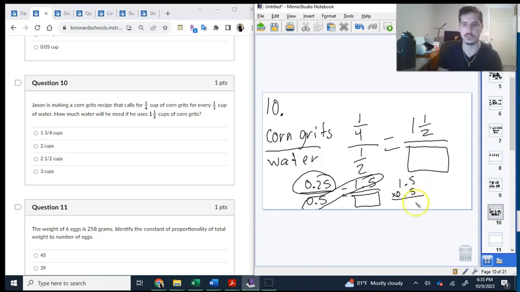Yep, 0.75. And then we would do 0.75 divided by 0.25. And when we work that out, we will end up getting 3. So the answer is 3.